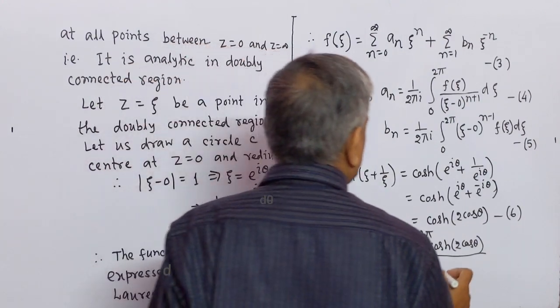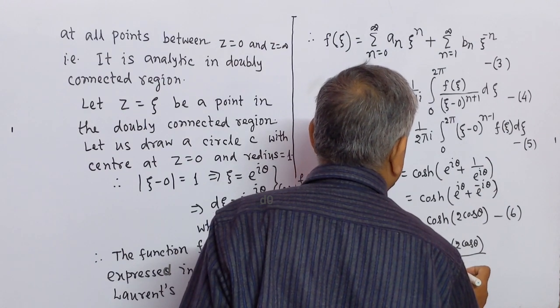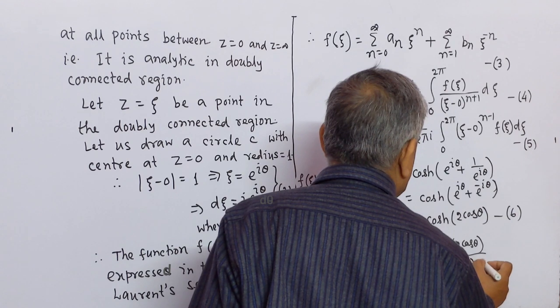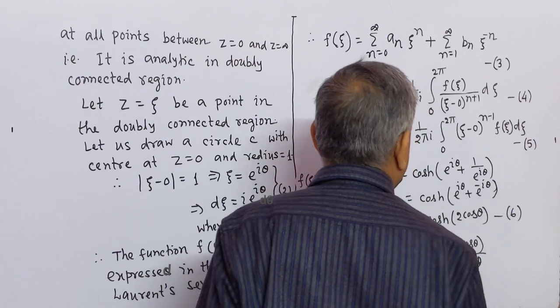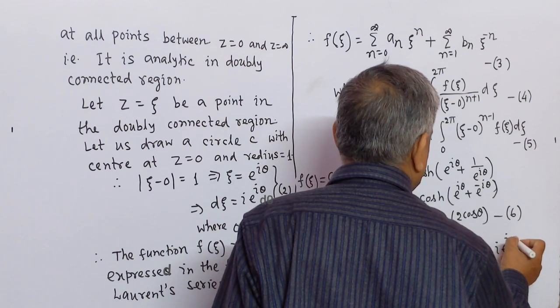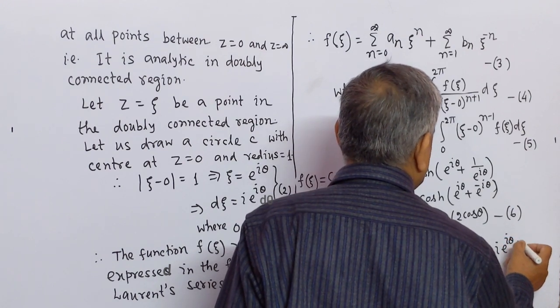So this is e to the power i(n plus 1)θ. dξ is i e to the power iθ dθ.